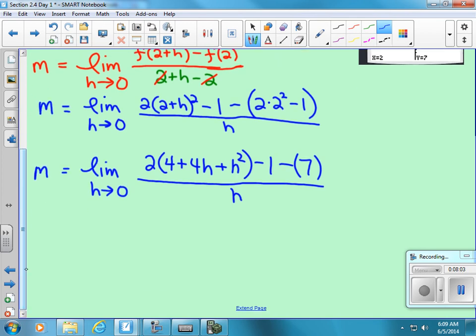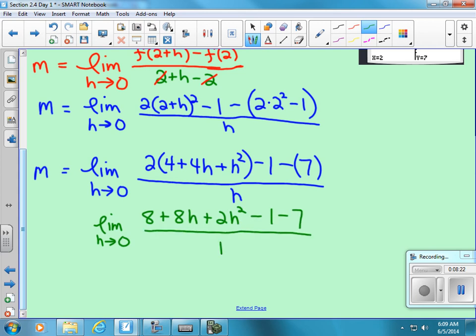Okay, we're still on part A, figuring out the slope of the tangent line. As I said, there's a little bit of algebra in it. 8 plus 8h plus 2h squared, I'm distributing the 2, minus 1 minus 7. Notice that 8 minus 1 minus 7 cancels out.